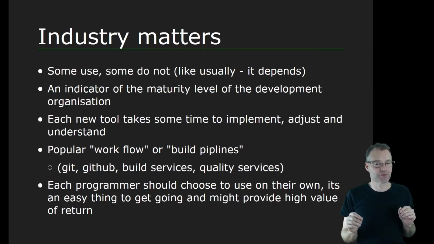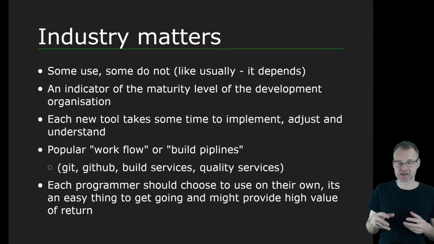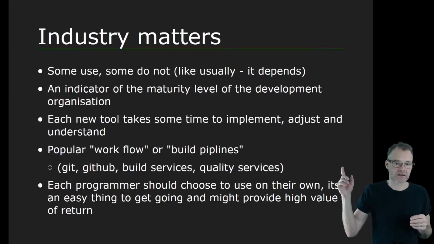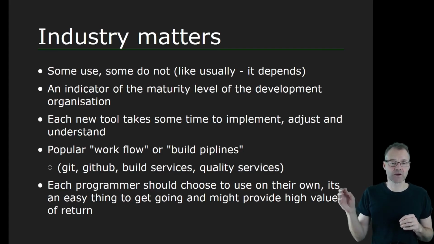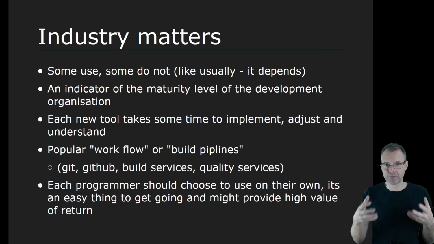It is quite popular nowadays to work with these software quality tools, and a lot of this is because we're using Git for versioning our software, and we're using GitHub or GitLab to publish it.